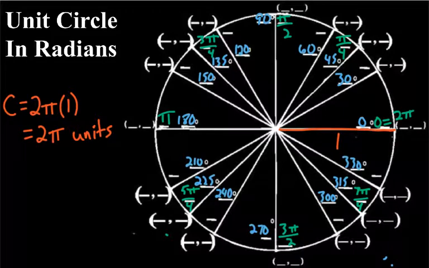Lastly, 2 pi, or a full circle around, is 8 pi over 4.